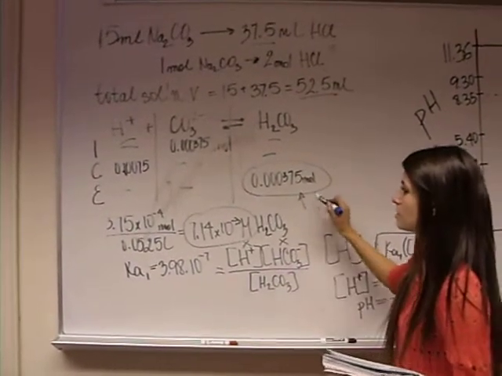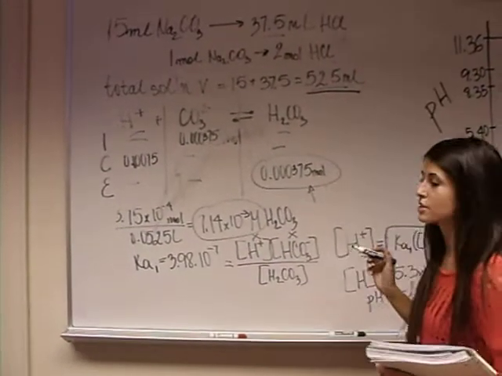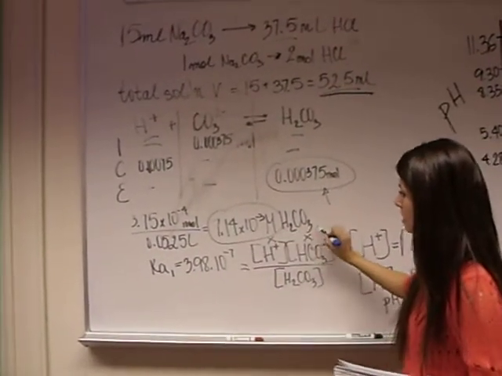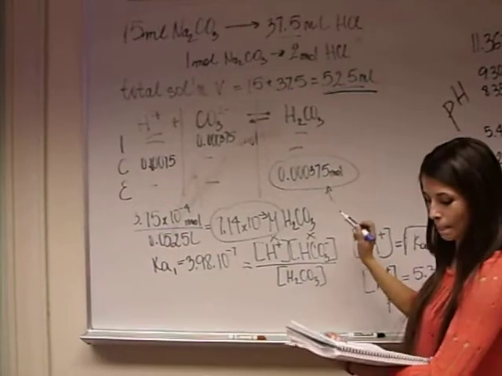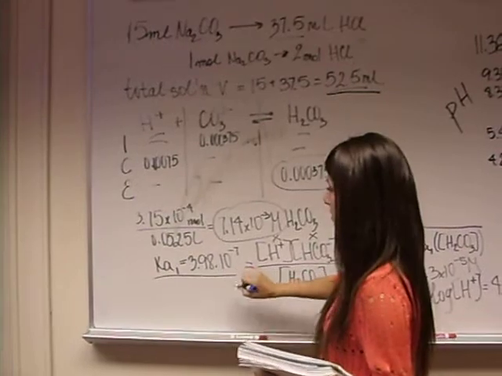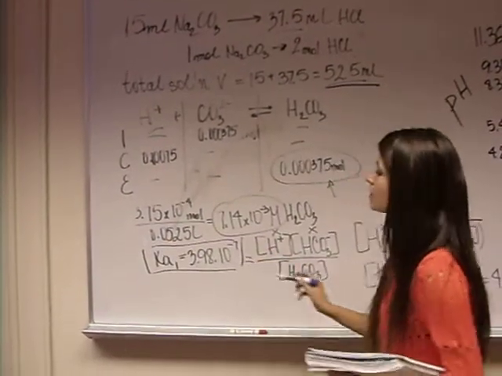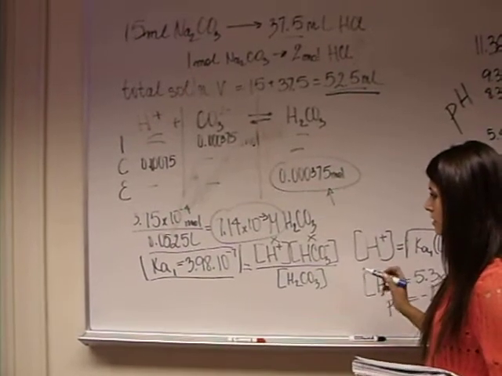So using these moles over the total volume of our solution, we found the concentration of carbonic acid. And using the Ka1, which I looked up, was 3.98 times 10 to the negative 7.